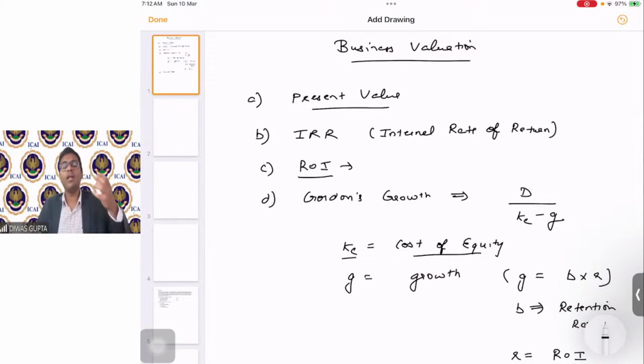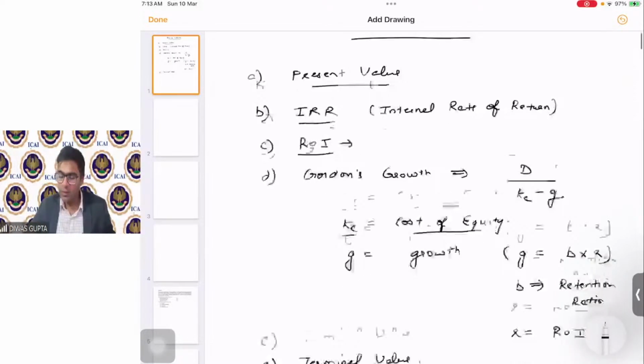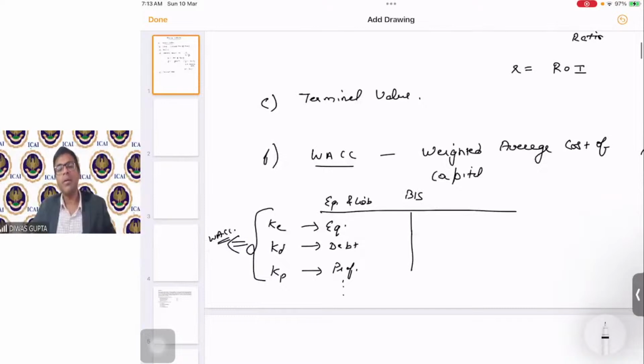That will tell you how much return the business is actually able to give, or similarly IRR for that matter. I hope you are able to understand my point, because this will make a big difference in how we value the business.